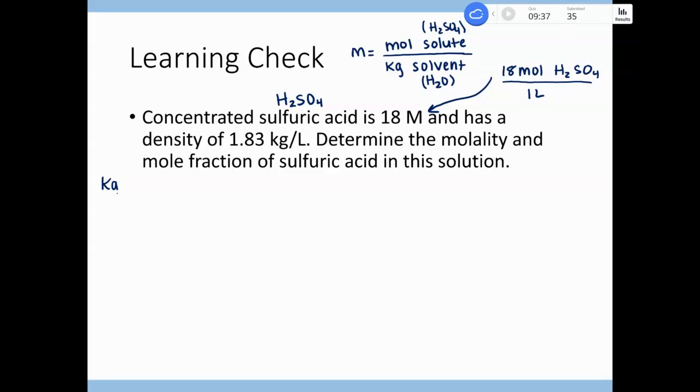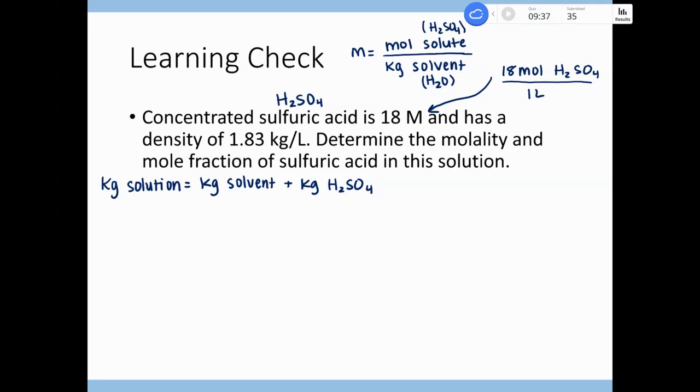So just like we did before, we'll say kilograms of the solution equals kilograms of the solvent, water, plus kilograms of the solute, sulfuric acid. We're working under the assumption that we have a 1 liter solution. So we can calculate the kilograms of the solution because we have the density of the solution.